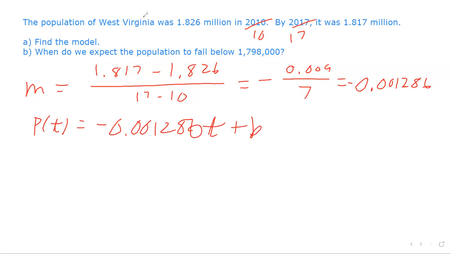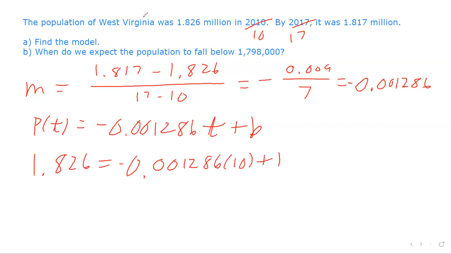plus some b value. So it doesn't matter which one we use. Let's use smaller numbers. And since we have a nice 10, multiplying, we get a negative 0.01286.